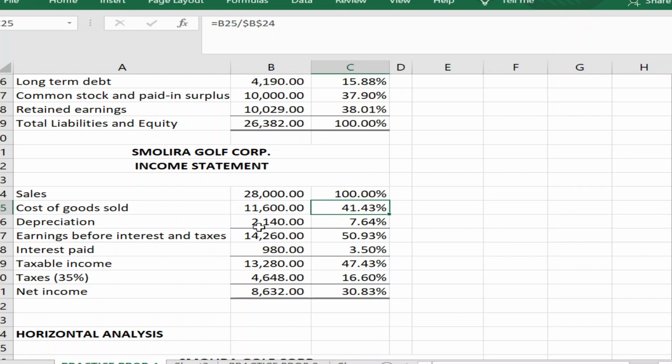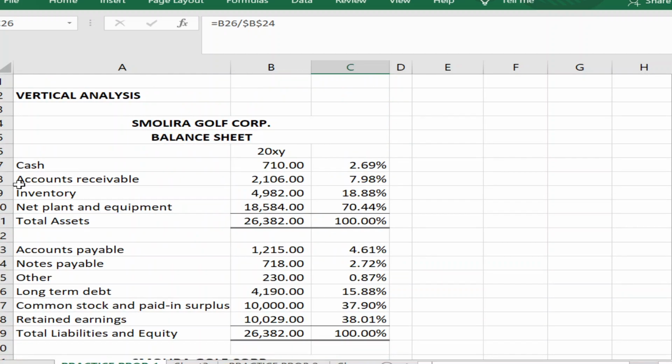For depreciation, you have 2,140 divided by 28,000, and you will get 7.64.